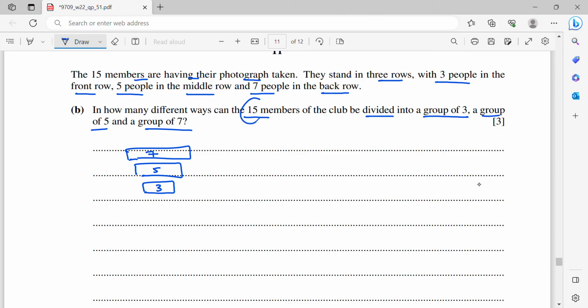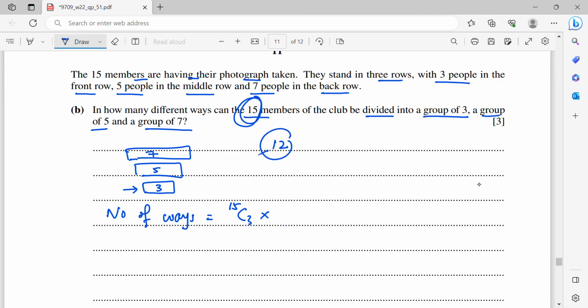At first you have 15 members, so the number of ways will be at first 15 choose 3 for the front row. Followed by 15 minus 3, you still have 12 left.